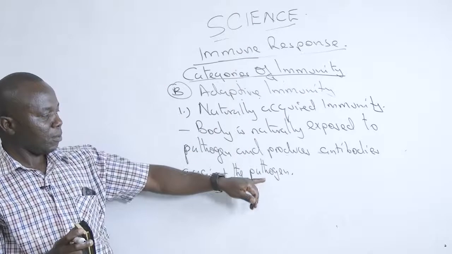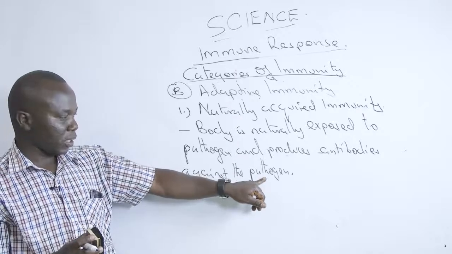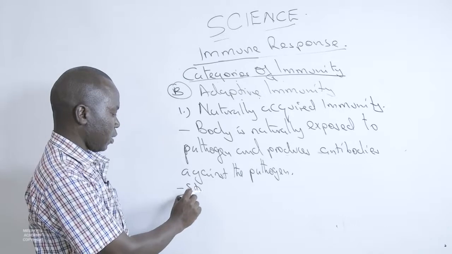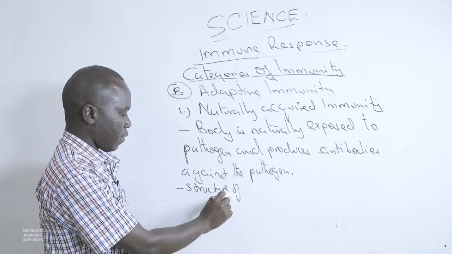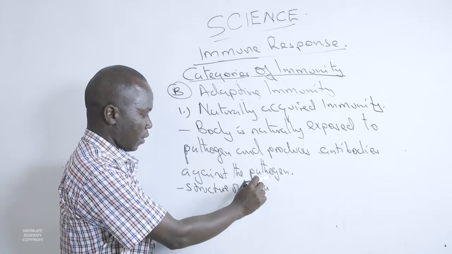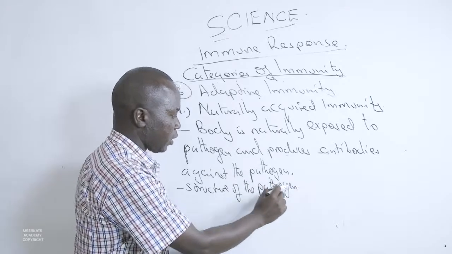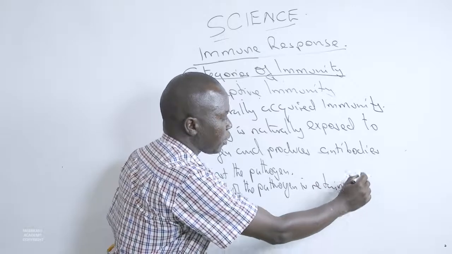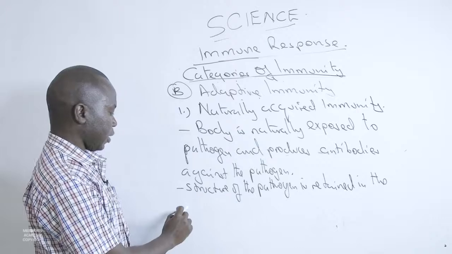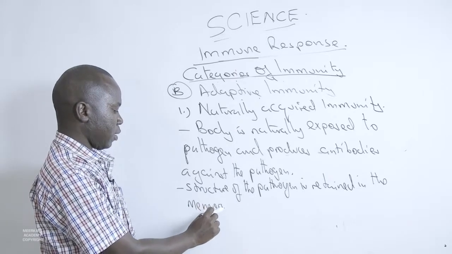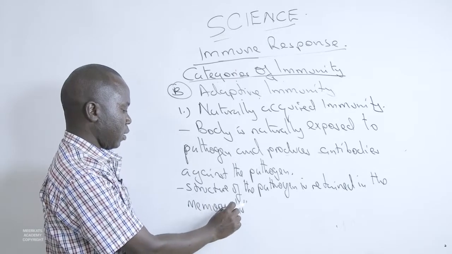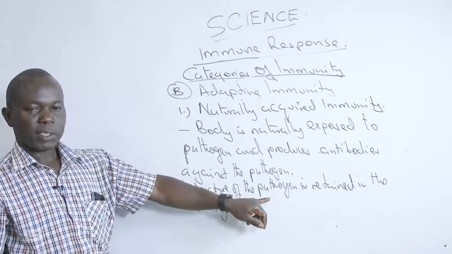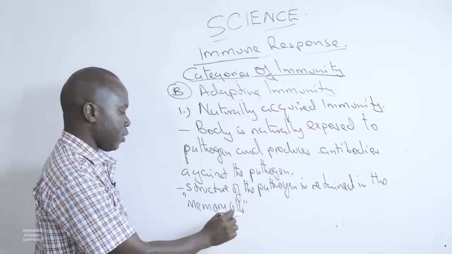After that, the memory of the pathogen, the structure of the pathogen, is stored and retained in the memory cells, so that for any other subsequent attack, the body will respond in the same way to produce antibodies.